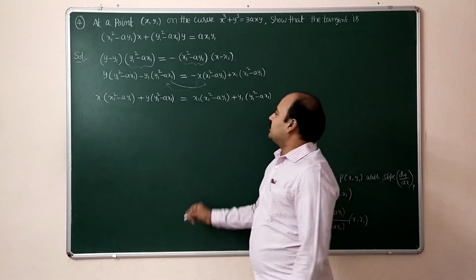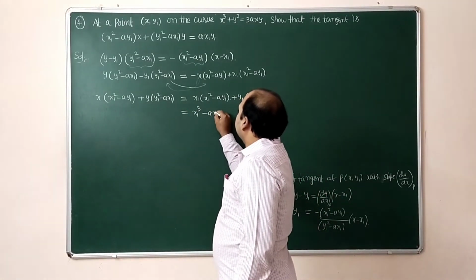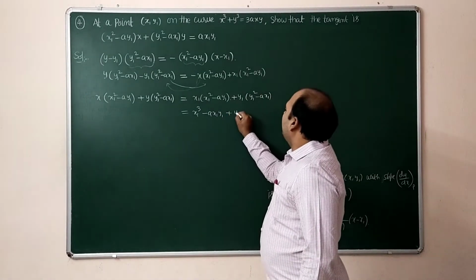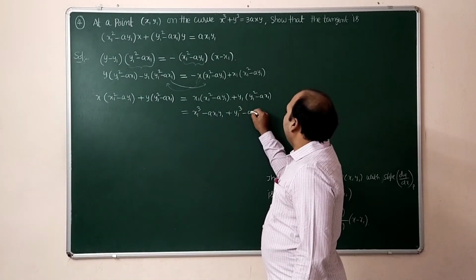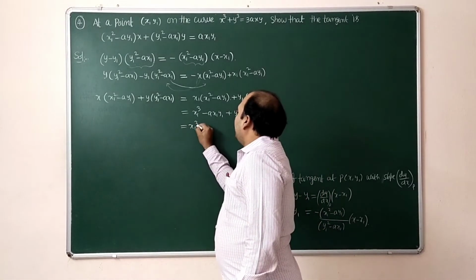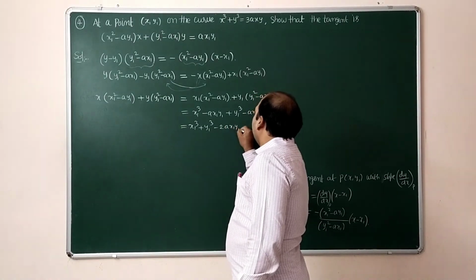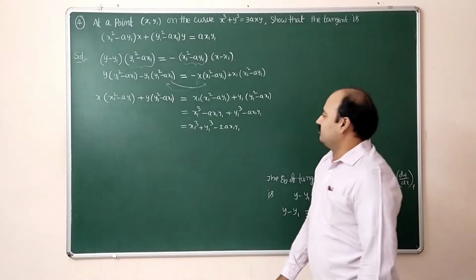Now actual multiplication and simplification: x1 cube minus ax1 y1 plus y1 cube minus ax1 y1. So x1 cube plus y1 cube minus 2ax1 y1.